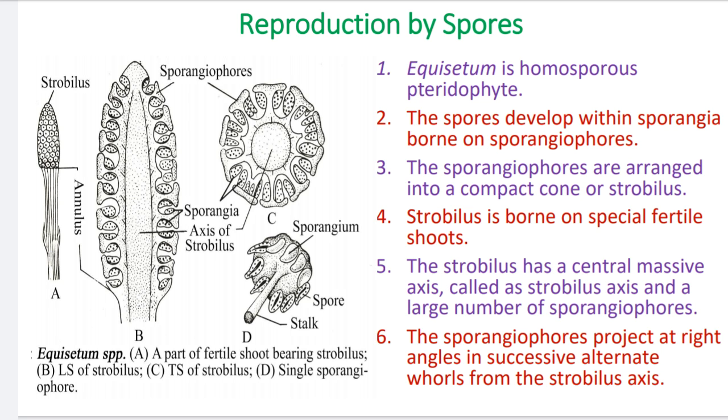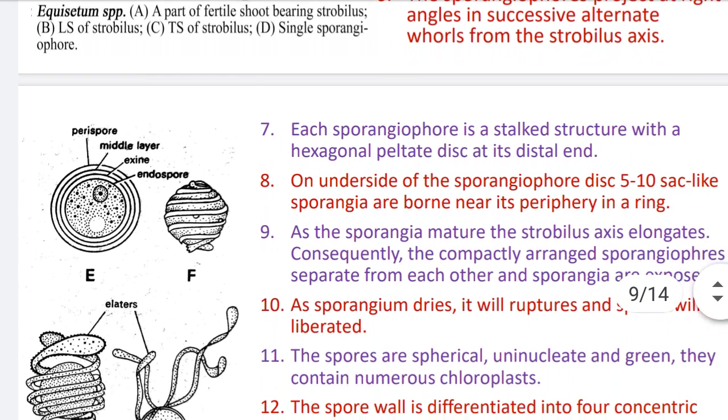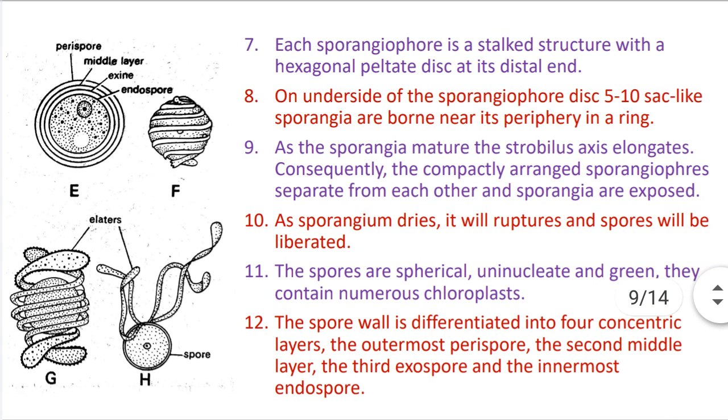The sporangiophores are attached to the cone axis at right angles. Now, number 7. Each sporangiophore is a stalked structure with a hexagonal peltate disc at its distal end. The end of the sporangiophore has a peltate disc. Peltate means plate like.